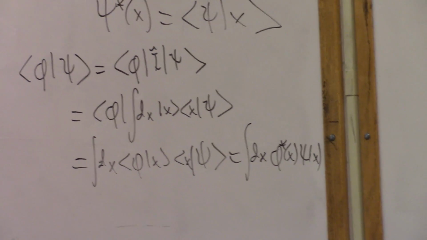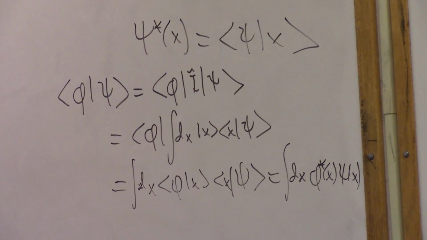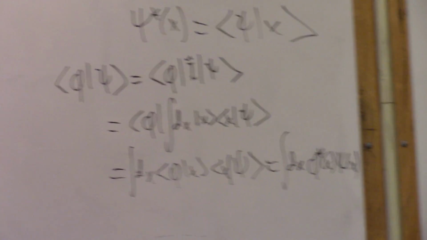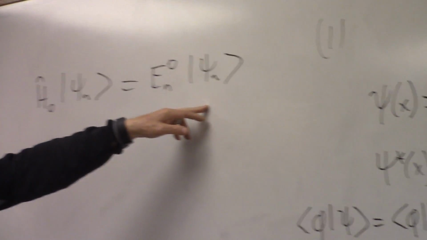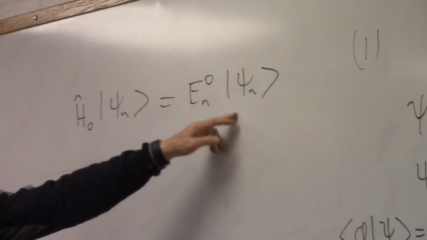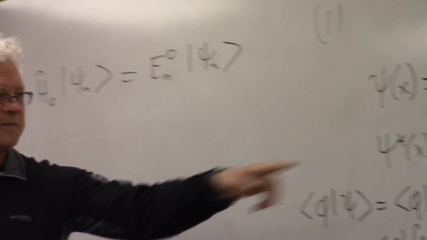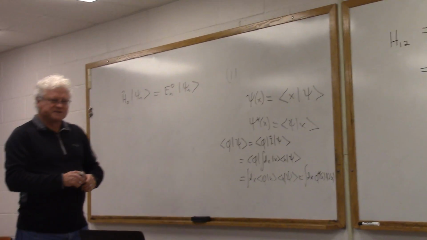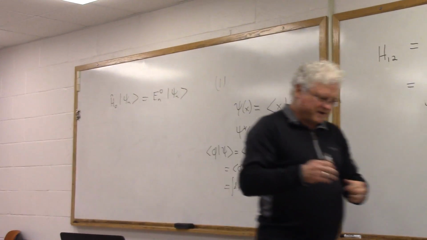At any rate, in the wave function representation for the particle in a box, these would be the guys that we said before were something like square root of 2 over L times sine of n pi x over L, in the wave function representation of those states for the eigenfunctions.